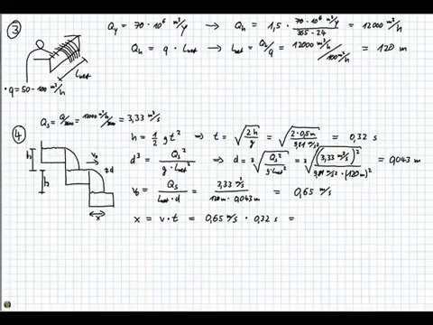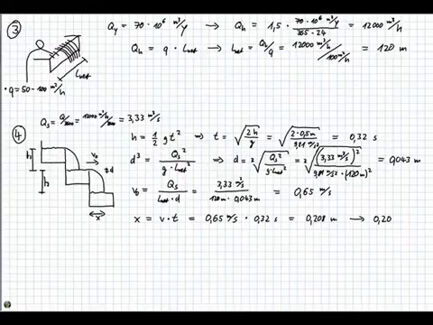So the length we get for x is 0.208 meters, and we're going to make this 0.2 meters. Since we're designing the cascades, we want to have a rounded value, and those 8 millimeters don't really make a difference when we design the cascades. So we have 0.2 meters for x.